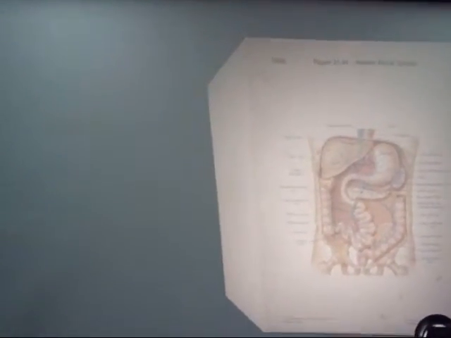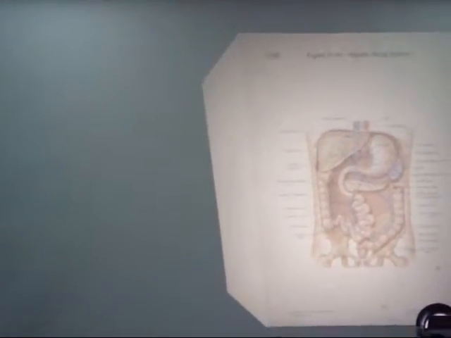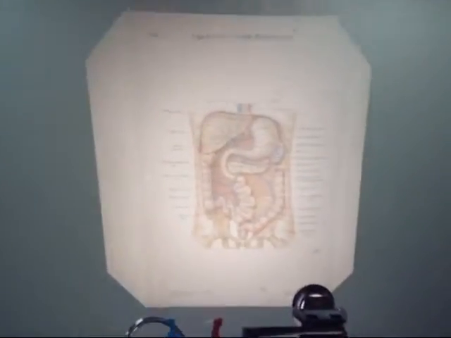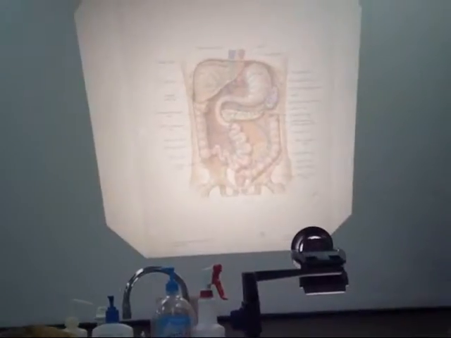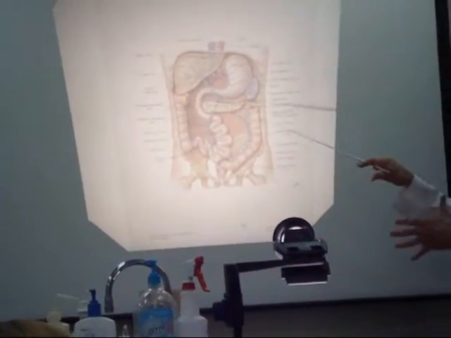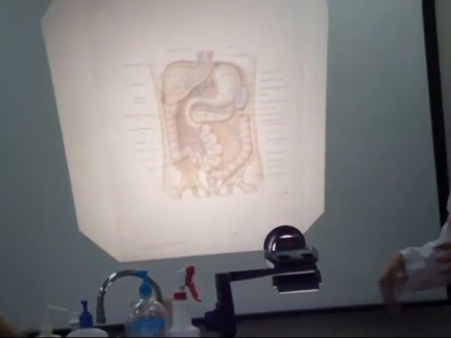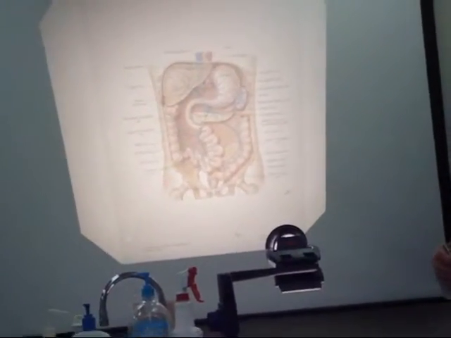Remember that when we talked about the arteries to the abdominal viscera, we had arteries going to all of these organs. This is the system of veins that drains that blood back from those organs.